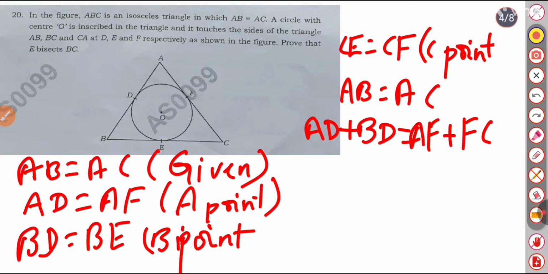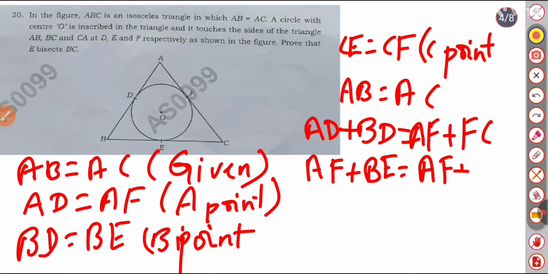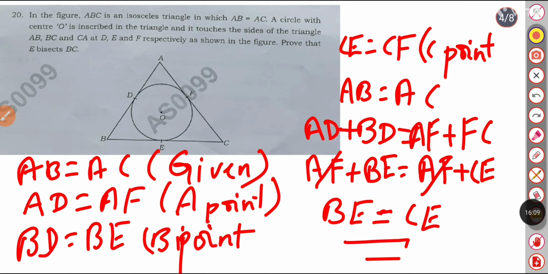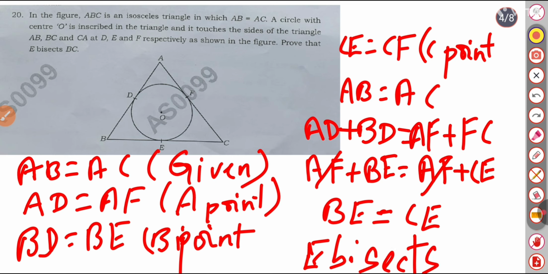Now in place of AD we'll write AF, and in place of BD we'll write BE, and AF as it is, and plus in place of FC we'll write CE. So what happens here? AF cancels. What is remaining? BE is equals to CE is remaining. If BE is equals to CE, E bisects BC.